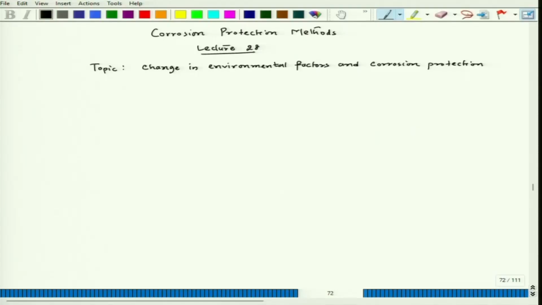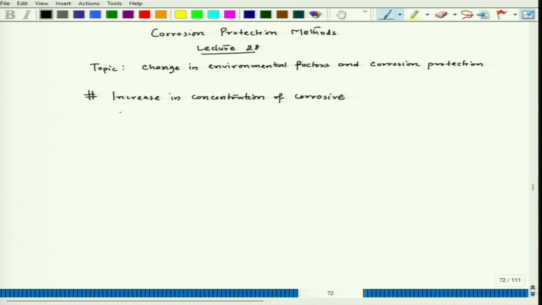So, let us look at the effect of change in concentration of corrosive, or rather increase in concentration of corrosive. We will have some examples.